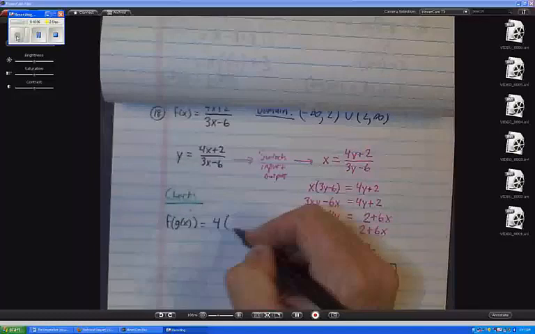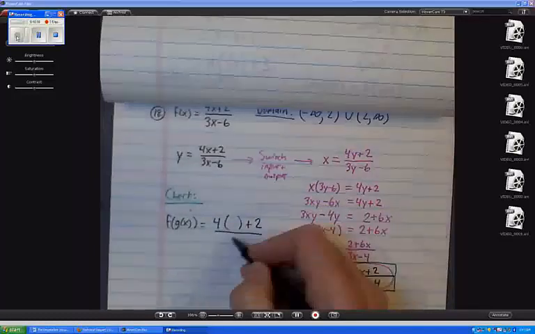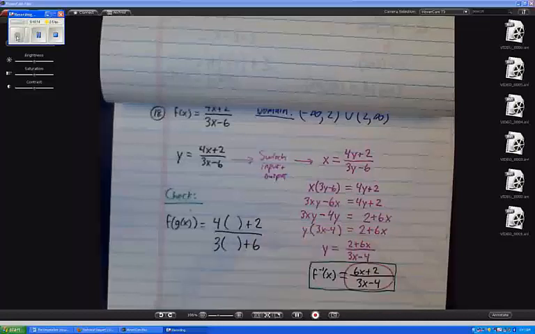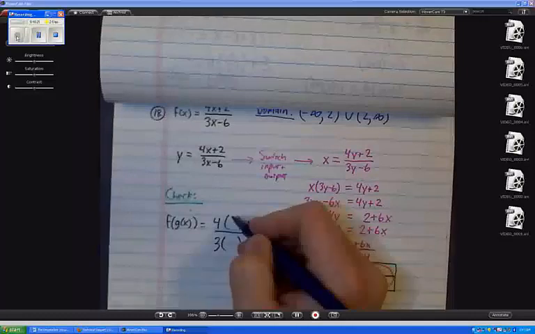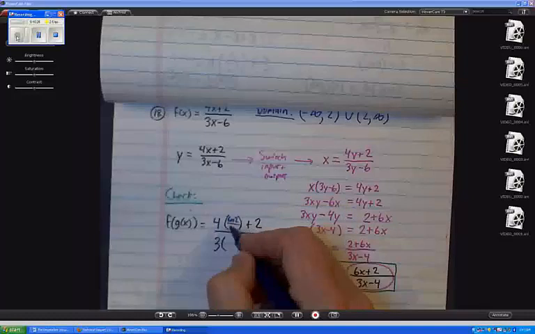And the something I'd have to put in, well, it's over there. It's 6x plus 2 over 3x minus 4.